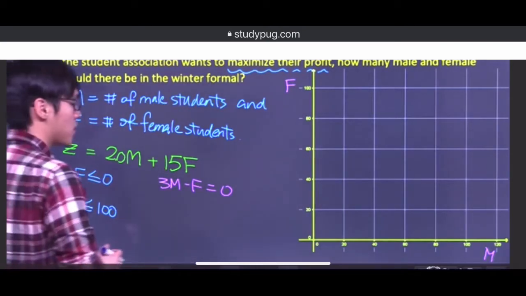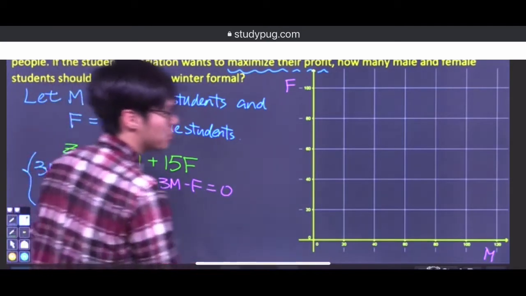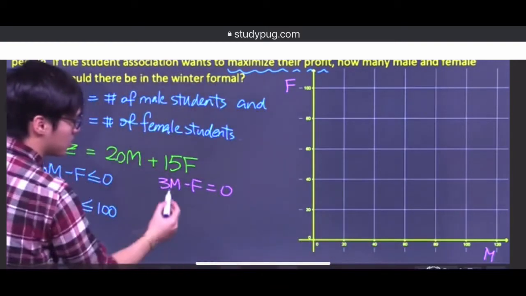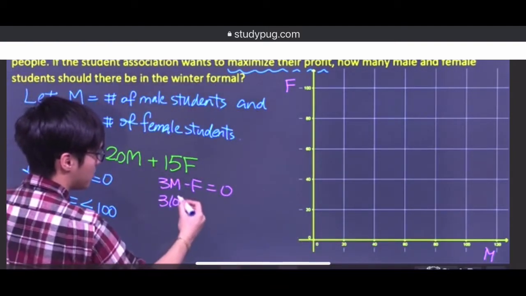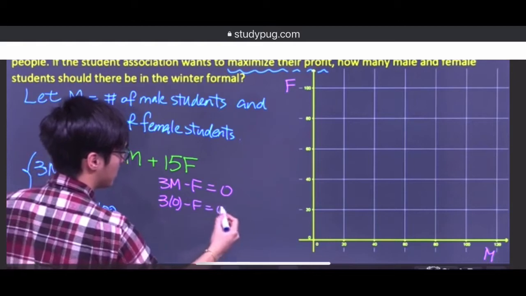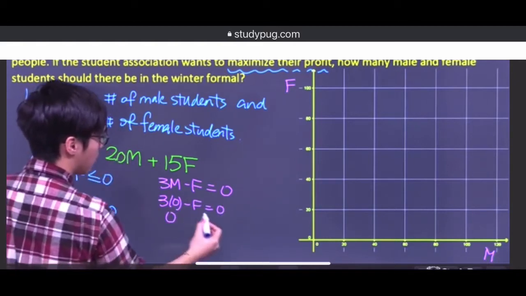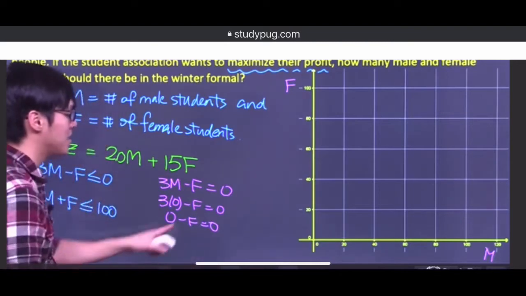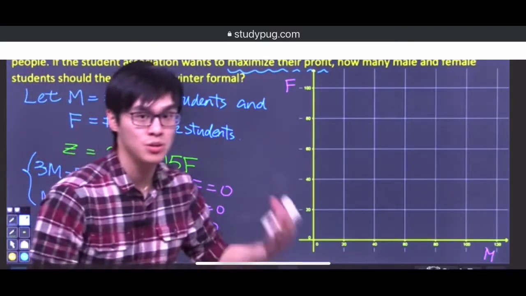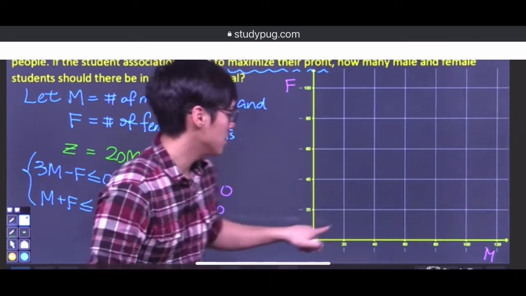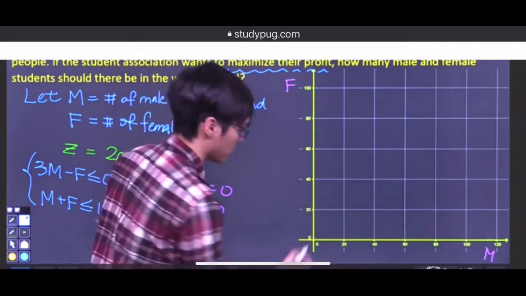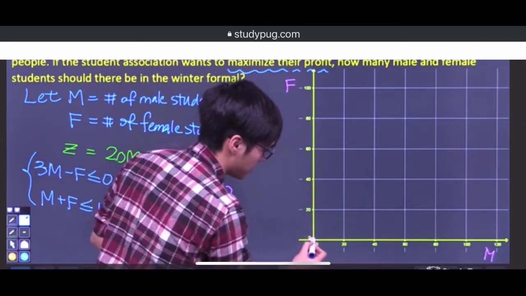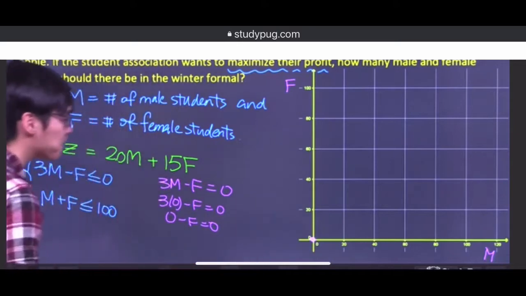First off, when m is equal to 0, we have 3 times 0 minus f equal to 0. 3 times 0 is 0, so we'll have 0 minus f equal to 0. That means our f must also equal 0. So when m is 0, f is also 0. That means this is one of the points on the graph, okay?